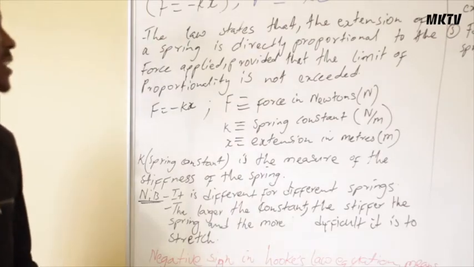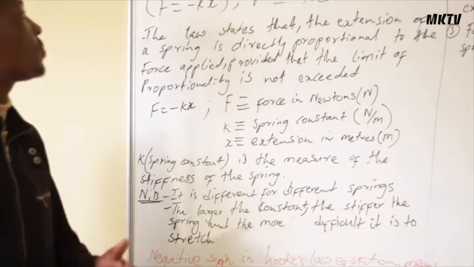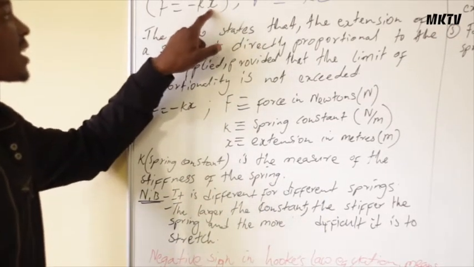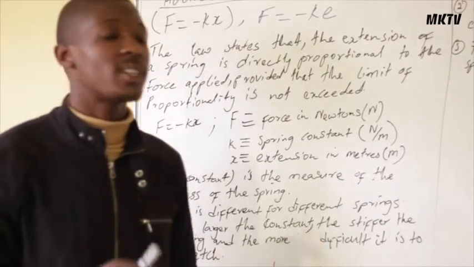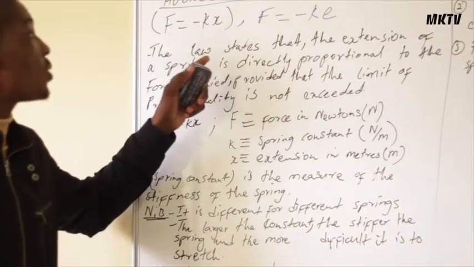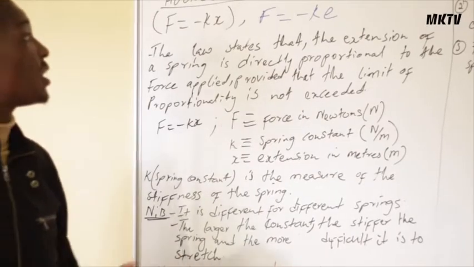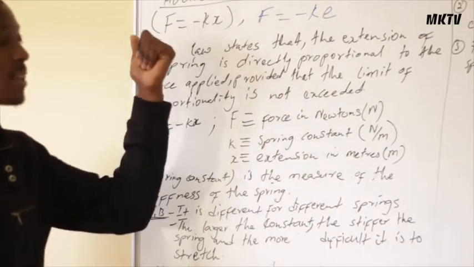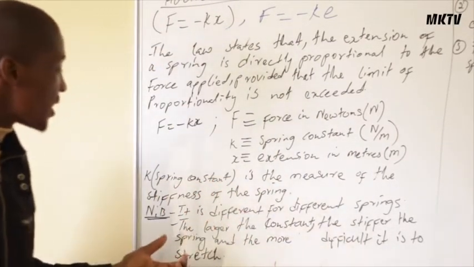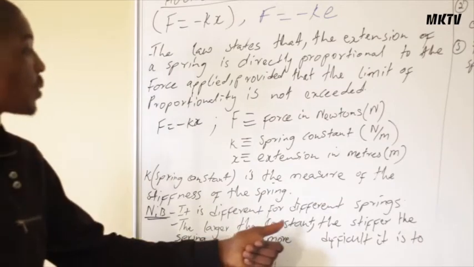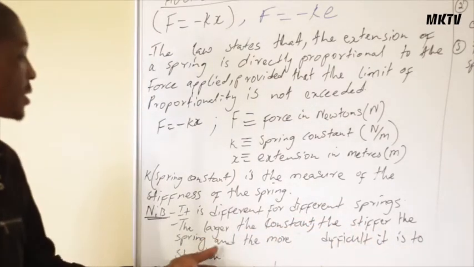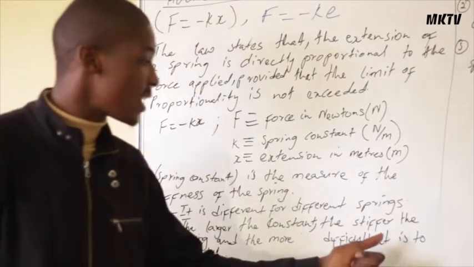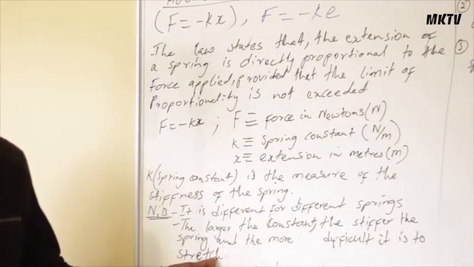Why are we saying that? Remember what we said: the extension is directly proportional to the force applied. And again, the larger the spring constant, the stiffer the spring, and the more difficult it is to stretch the spring.